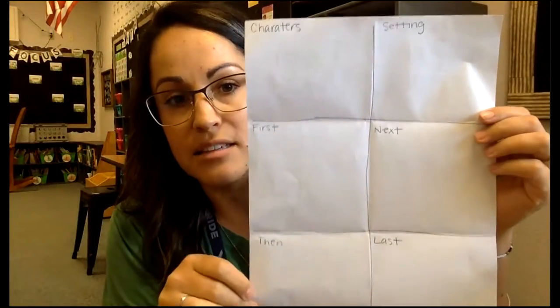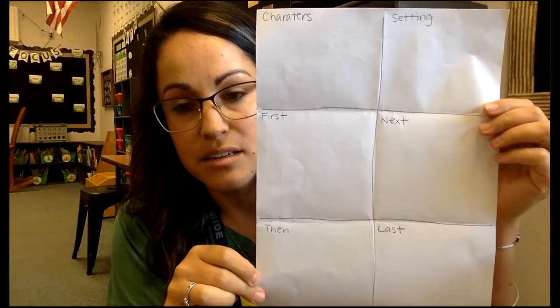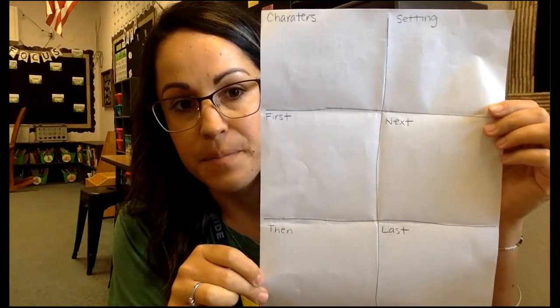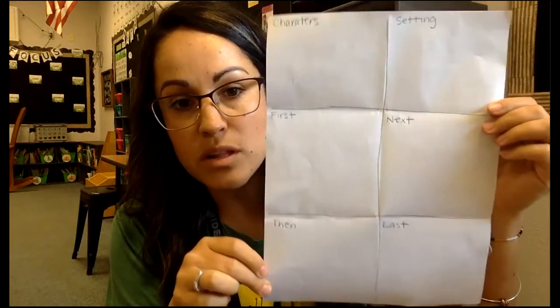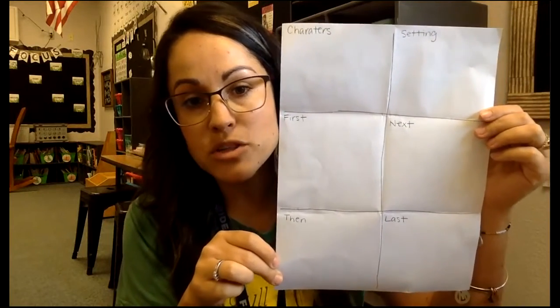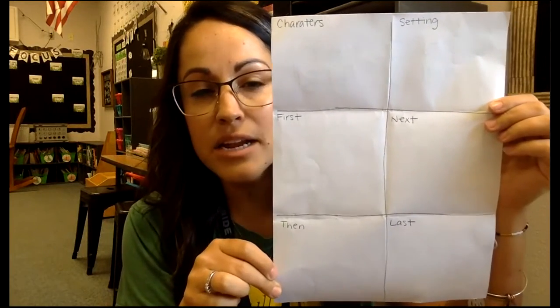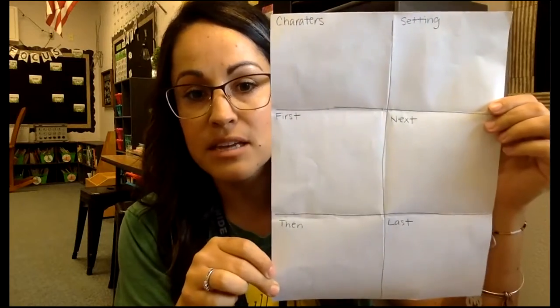Just like this, okay? So I wanted to show you what it looks like on paper. Now I'm going to go to the whiteboard so you guys can clearly see what we're going to do on this through the video.